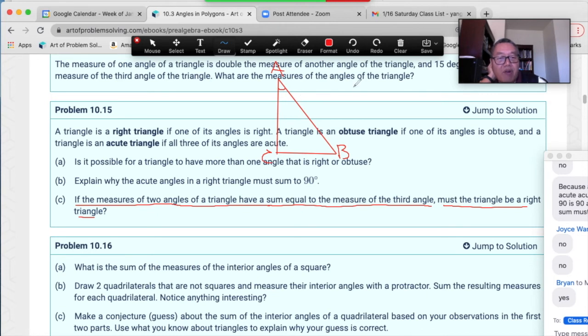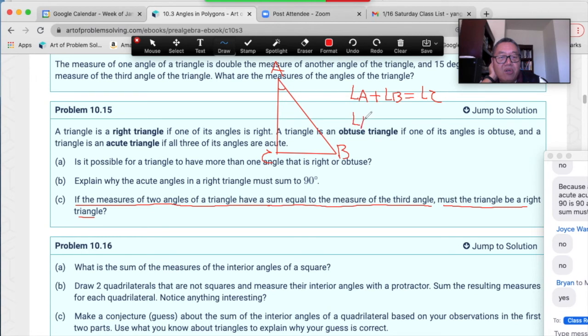Okay, in this triangle, suppose we have angle A plus angle B equals angle C. They tell you if the measures of two angles, angle A and angle B, have a sum equal to the measure of the third angle C, then let's prove that this triangle has to be a right triangle. You know why?